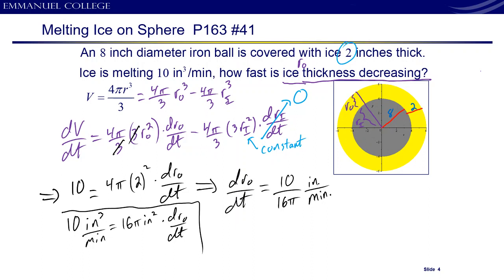So you can either say the rate of change is negative 10 over 16 pi inches per minute, or the better way to say it is, I should have done this for the other one. When, if I can spell.